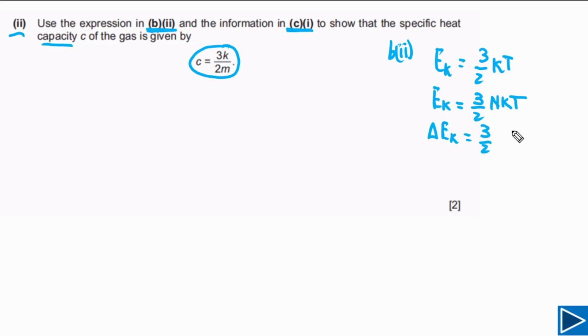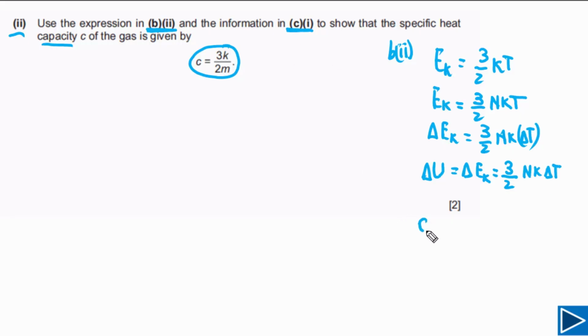We can say this is 3 by 2 Nk times change in temperature. But for ideal gases, we also understand that delta U, the change in internal energy, is equal to the change in kinetic energy. So simply we can say the change in internal energy is equal to 3 by 2 Nk times delta T.